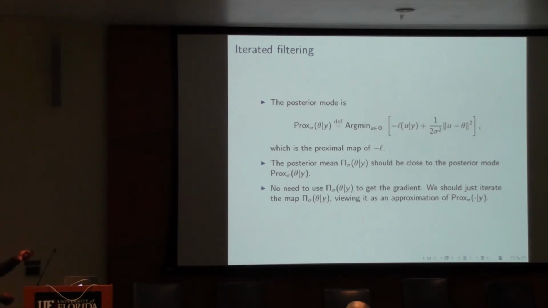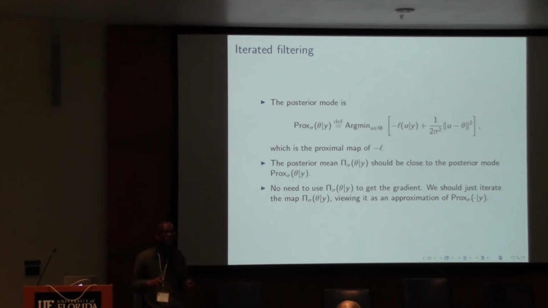I will use the notation prox to denote the proximal of the function negative L at theta, which is this quantity here. I like to think more not about the argmin, but the mean itself.